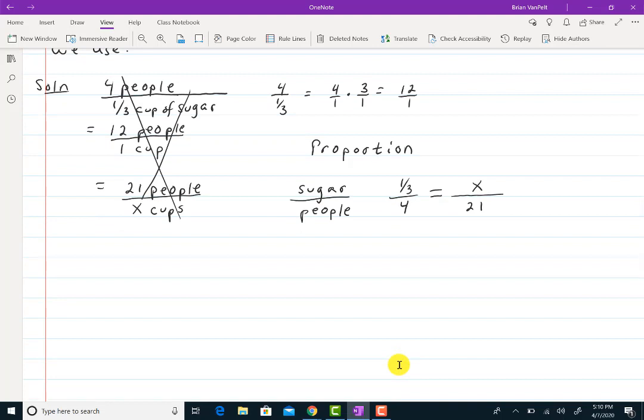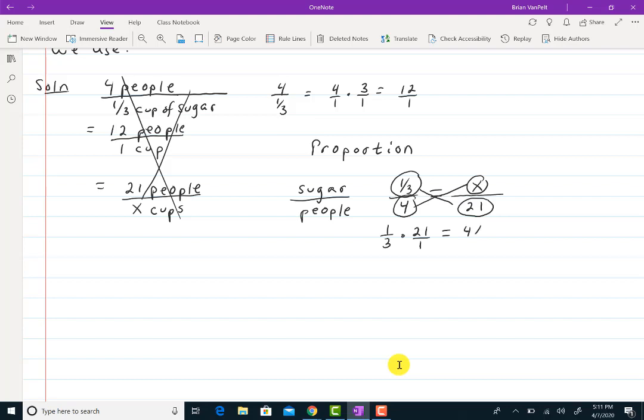Now this is a proportion that you can solve. We could take this 1/3 and multiply it by the 21, and then we can take this 4 and multiply it by the X. So the new equation becomes 1/3 times 21, and you might want to make the 21 over 1 just to make the multiplication simpler.